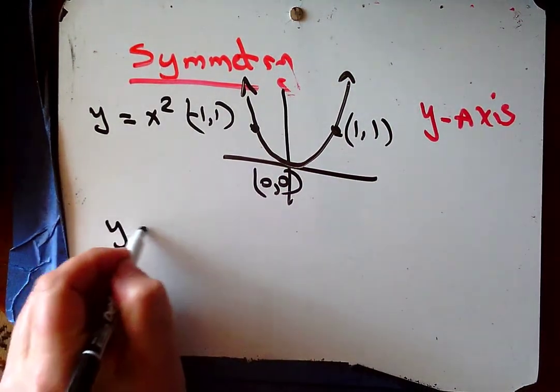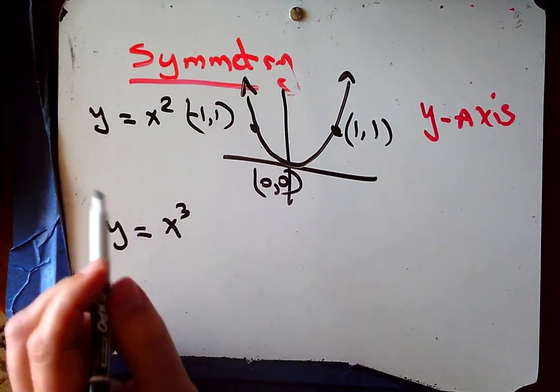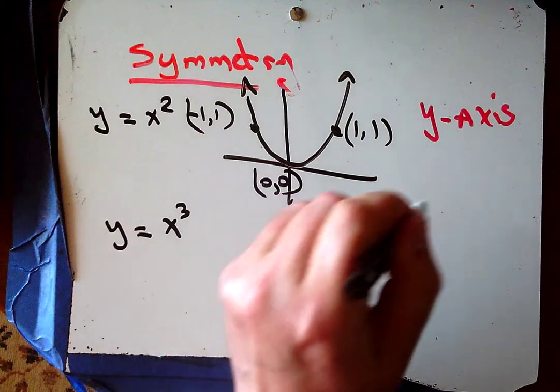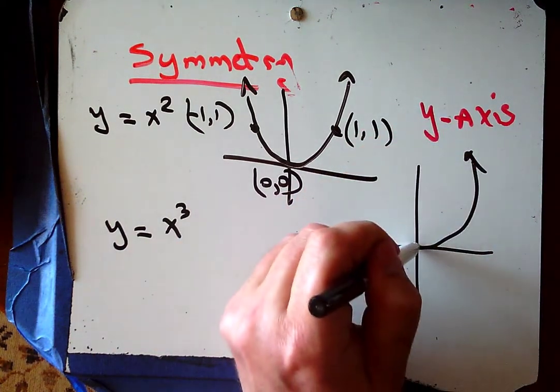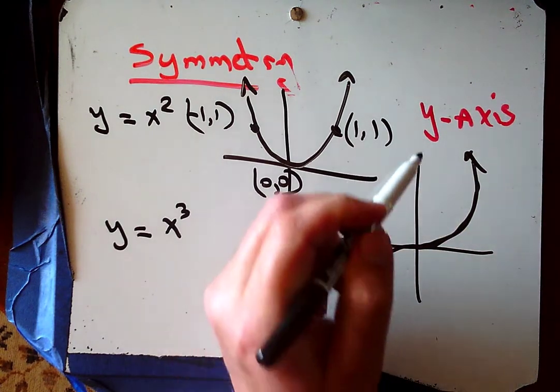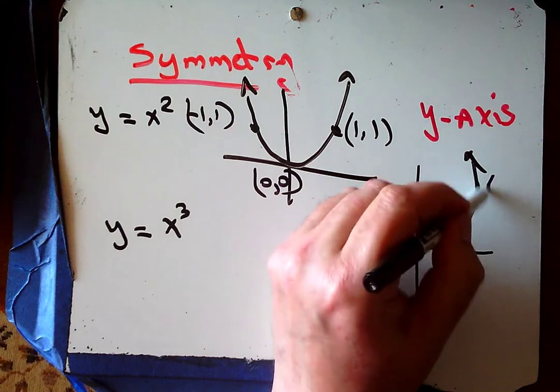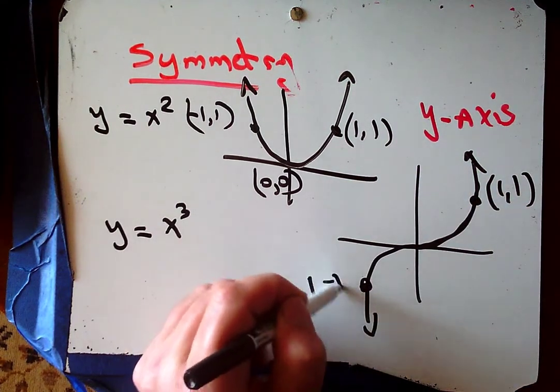How about y equals x to the third? Another reference graph. Well, if I think about this graph, I have this up-pointing parabola shape, and I have this down-pointing parabola shape. I could have the point 1, 1 here, and the point 1, negative 1 here.